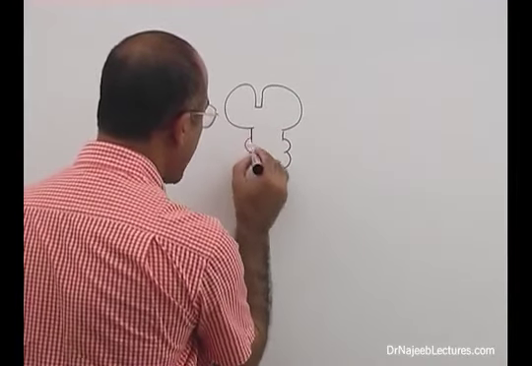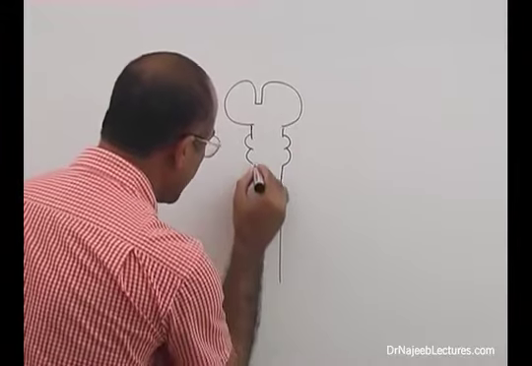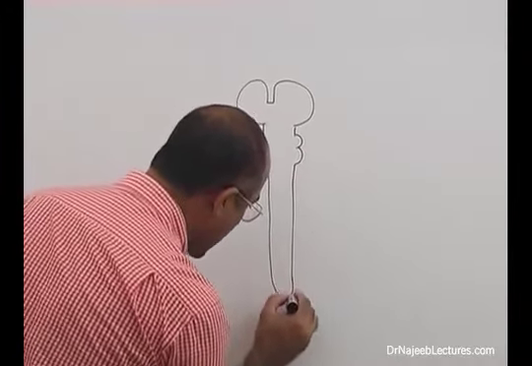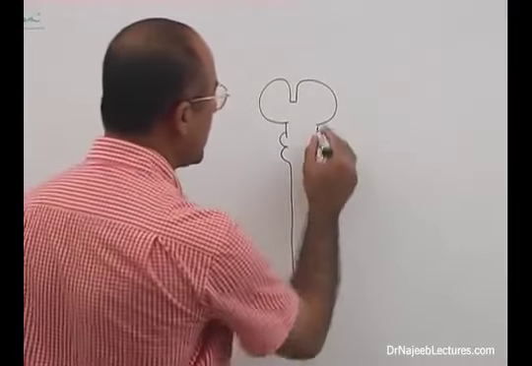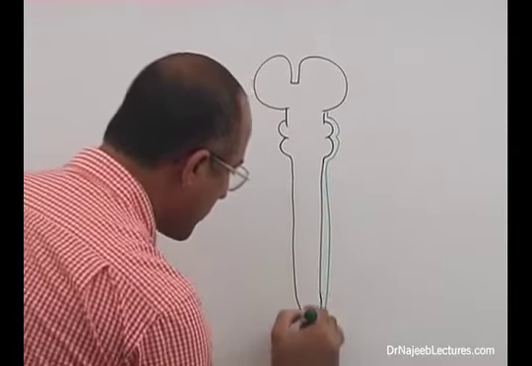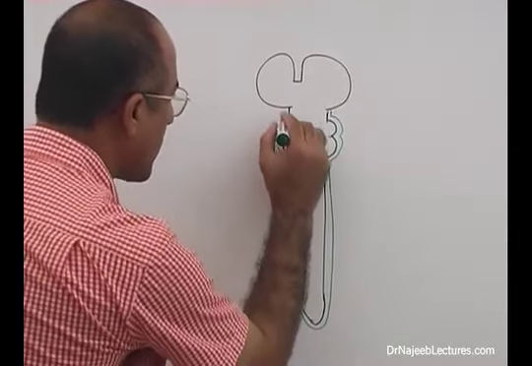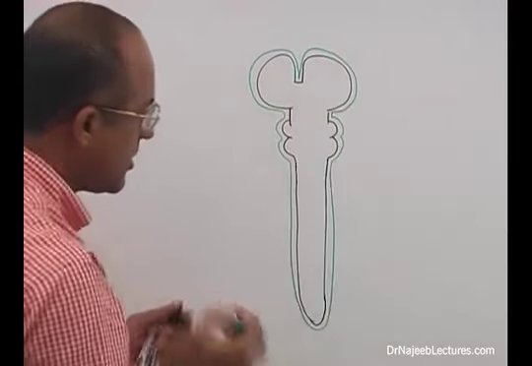right, the pia mater around the spinal cord makes a very special structure which is called denticulate ligaments. What are denticulate ligaments? Suppose this is pia mater. This is pia mater, not arachnoid.